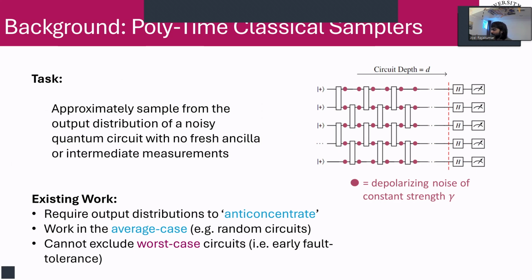So for example, it works for random circuits, and so it can't exclude a worst case circuit. And the reason is more of a symptom of the proof techniques. Proof techniques require anti-concentration and require this sort of randomizing over the gates so you can get some statement about the way noise acts. And so you can't exclude the worst case circuit.